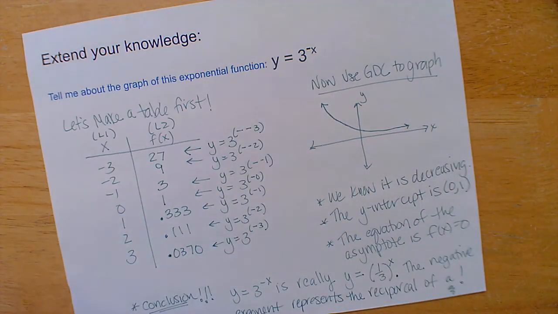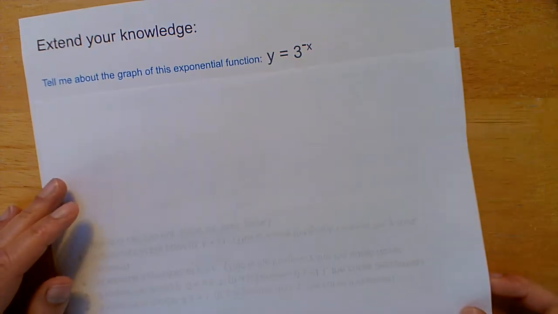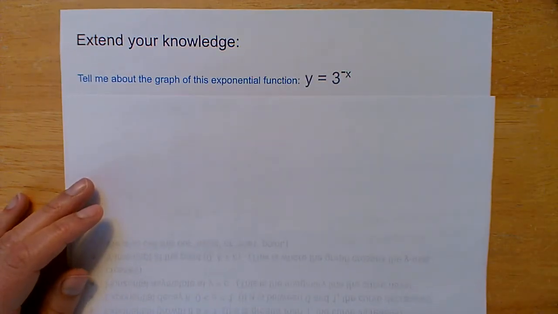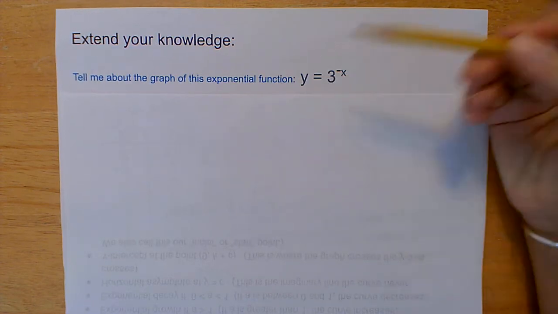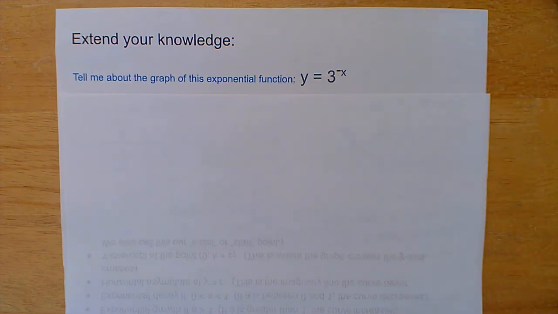Okay. Now, extending our knowledge, what we're going to have to do is tell me about the graph of this exponential function. And it's y equals 3 raised to the negative x. This could have been f of x, but I'm switching back and forth to get you used to seeing the y there and seeing the f of x.